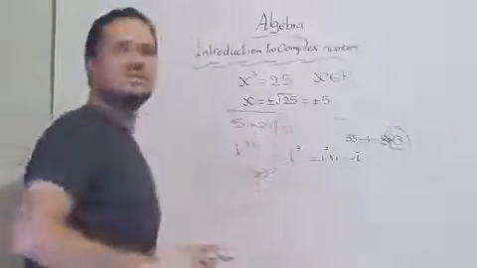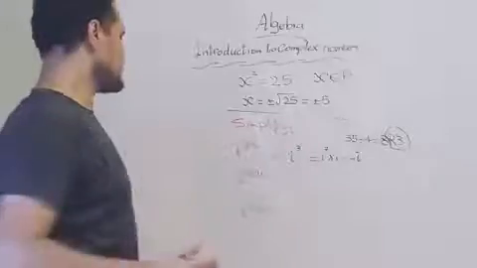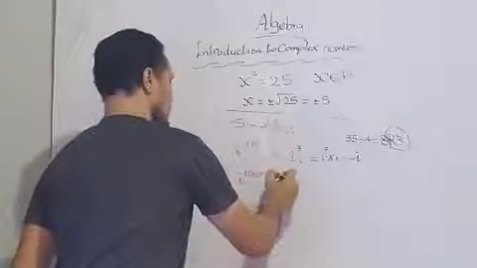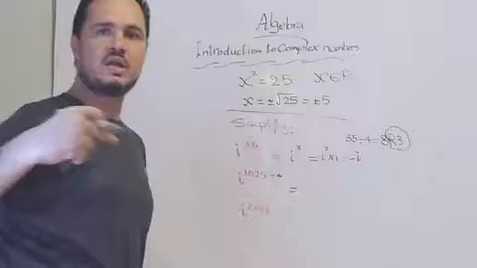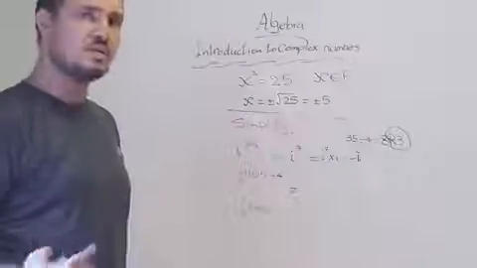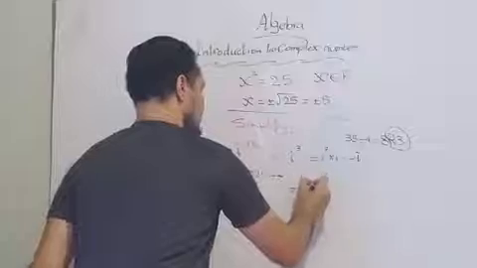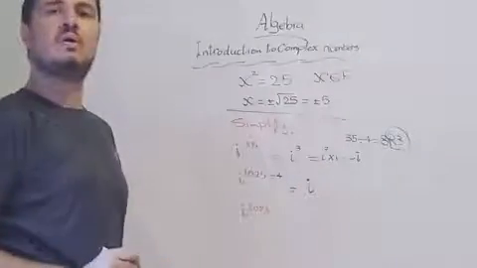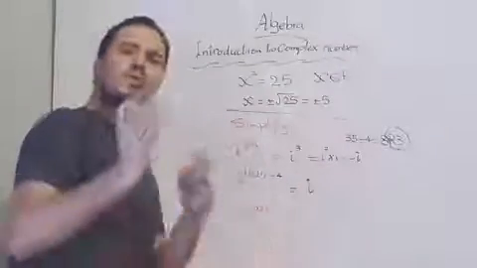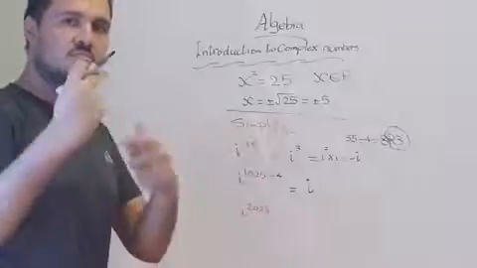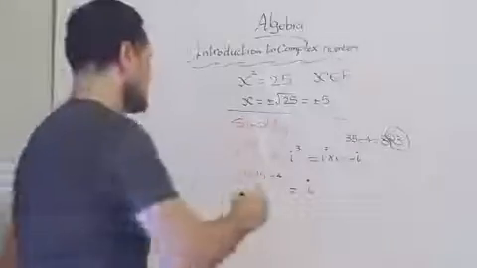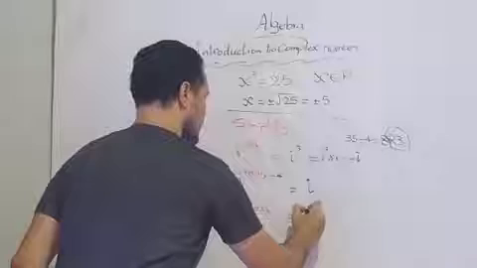i¹²⁵. Let's try to divide it by 4. What is the remainder? It's 1. So it's i. i²³: what is the remainder? It's 3. So it equals i³.